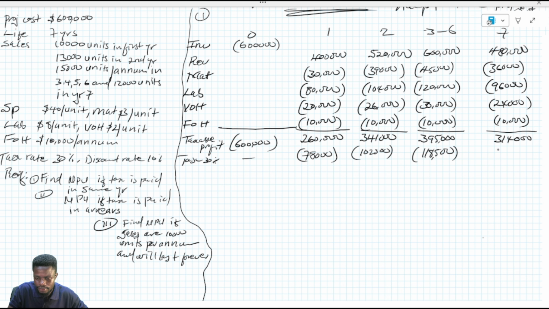Then at year 7, what will that give you? It will give you 94,200. So this is your tax.